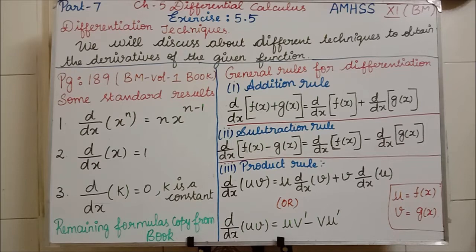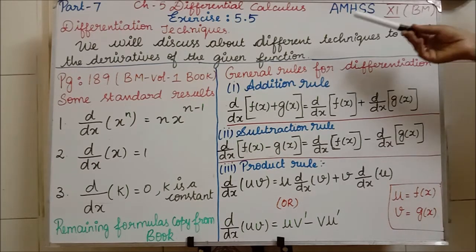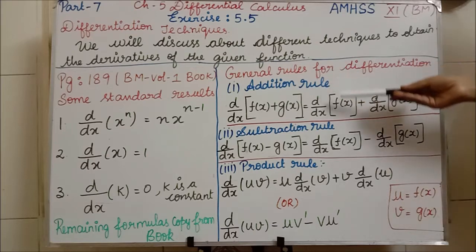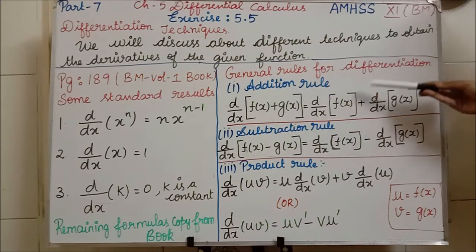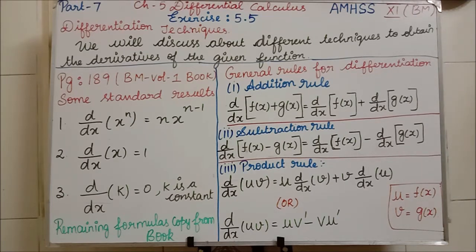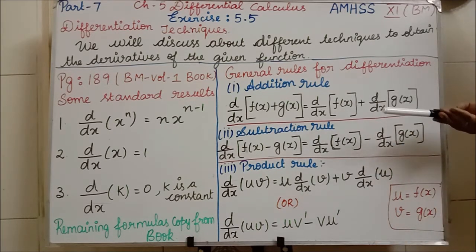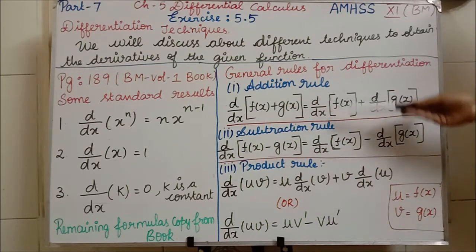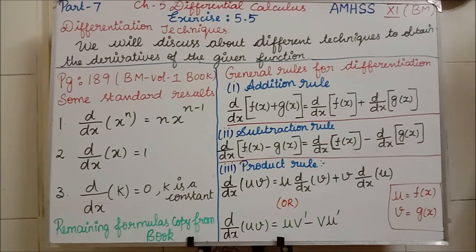See the first rule: d by dx of f of x plus g of x is equal to d by dx of f of x plus d by dx of g of x. When we do the problems you will understand this very clearly. Now understand the rules first. Subtraction rule: in between is minus, so subtract: d by dx of f of x minus d by dx of g of x.